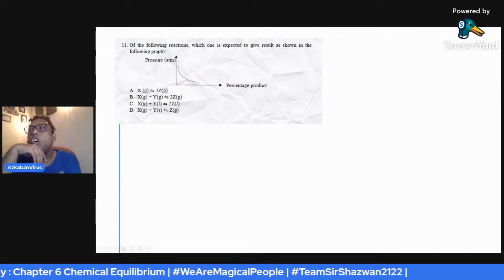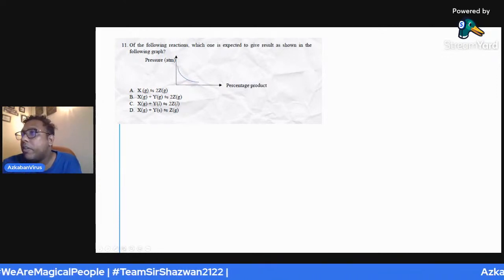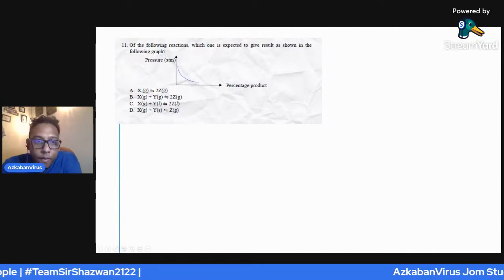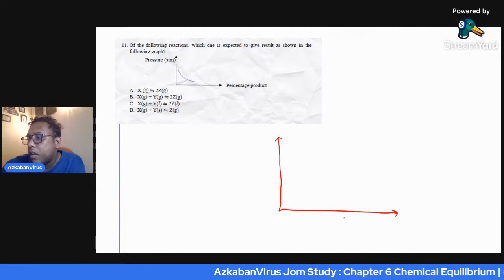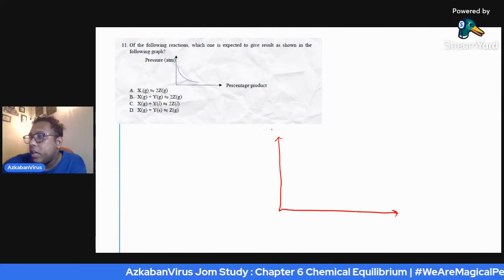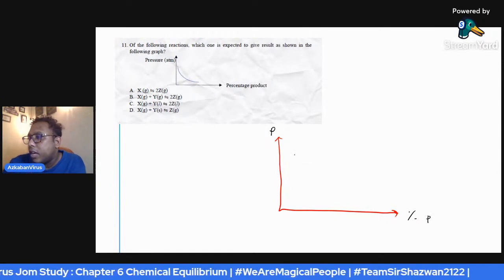Soalan berikutnya, of the following reaction, which one is expected to give a result as shown in the following graph? Kalau kita tengok kat graf ni, ini adalah graf pressure versus percentage of product. Berapa banyak yang tinggal. So, dia berkurang.